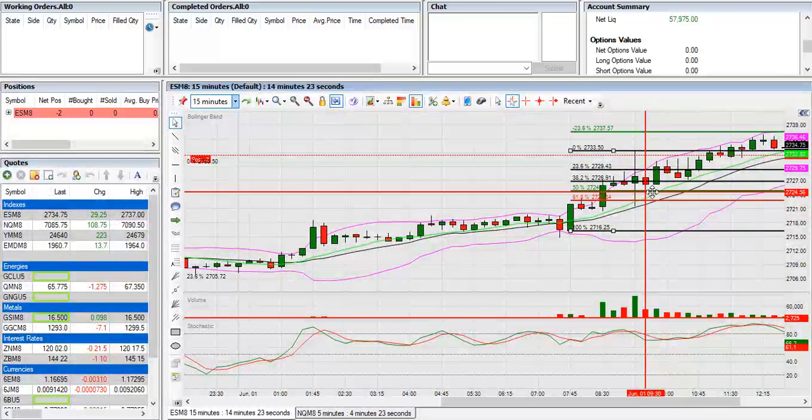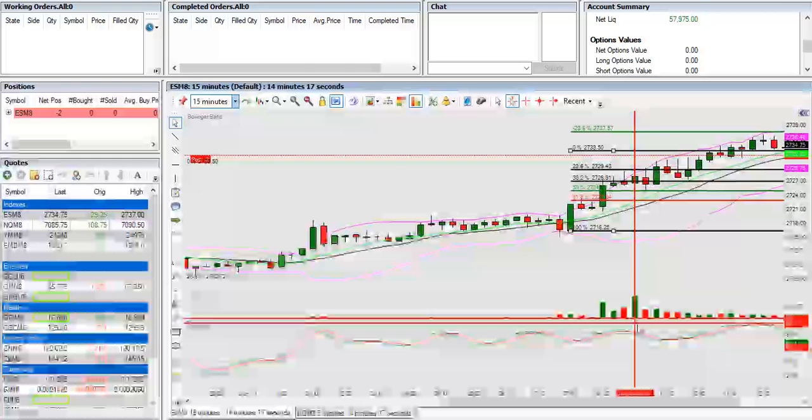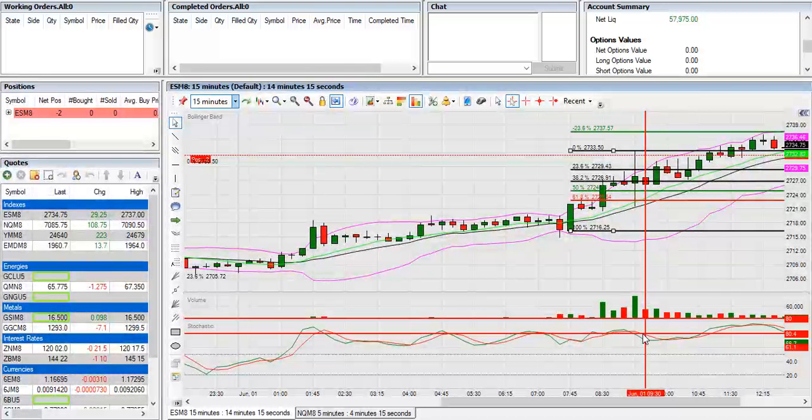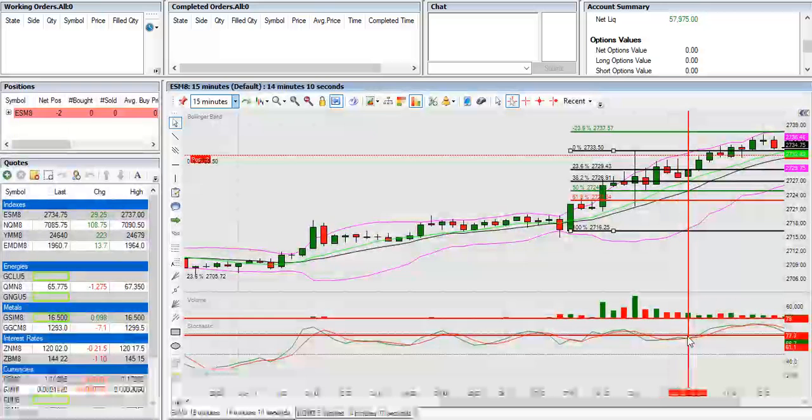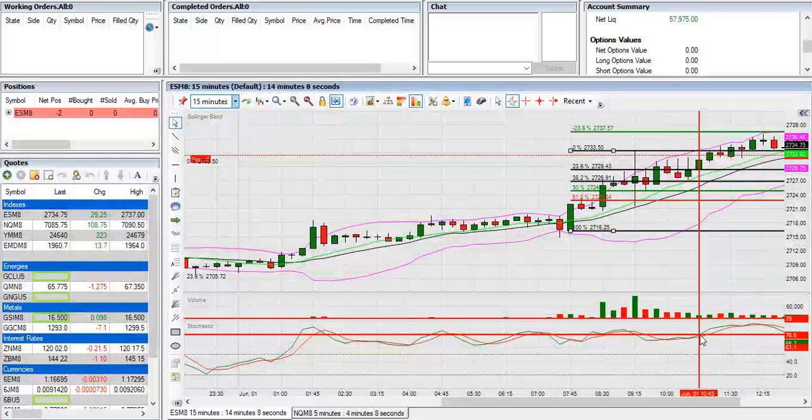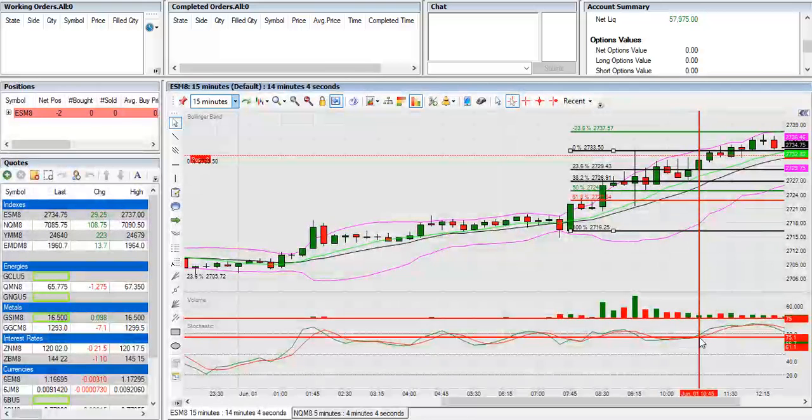You could end up taking a long play again and feel confident that it is going to play out. You might not take it on this candle because momentum is showing down, but you could enter right here off of this candle, about the 10:30, 10:15 area, as your momentum rises.